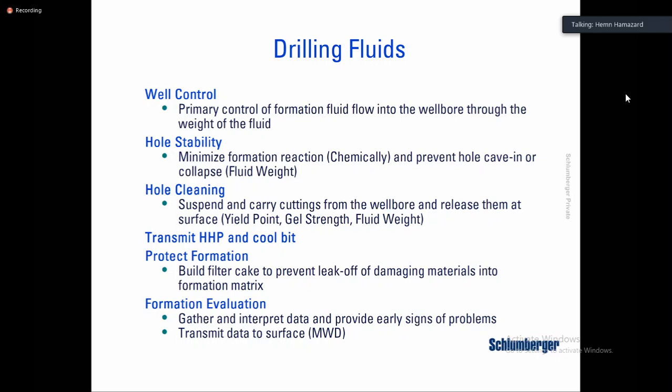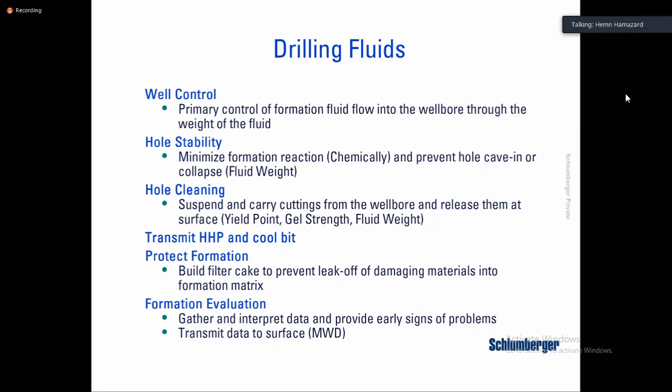If you don't have the mud, there is nothing to carry the cuttings back to the surface. And also one of the functions of the drilling fluid is to transmit data to surface. You have a lot of downhole tools, and most of them are functioned by the mud. For example, one of them, and it's the key data you want to have, is the MWD data.